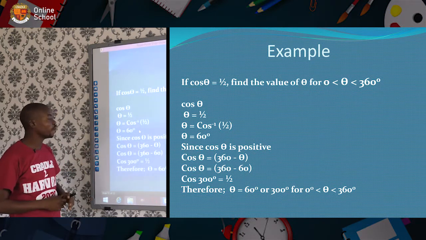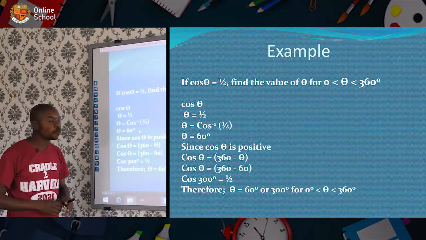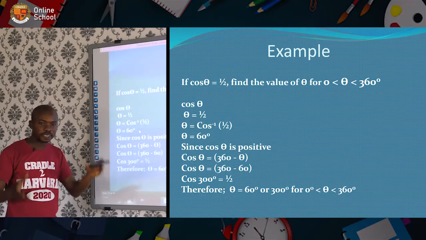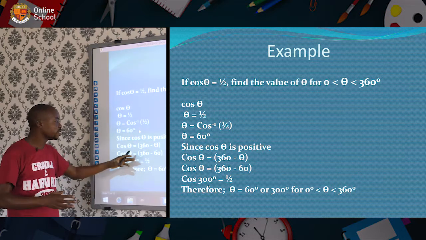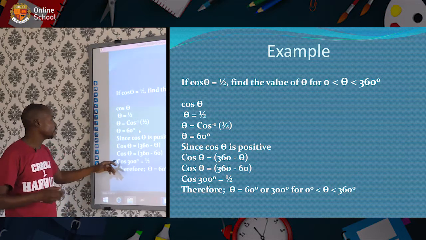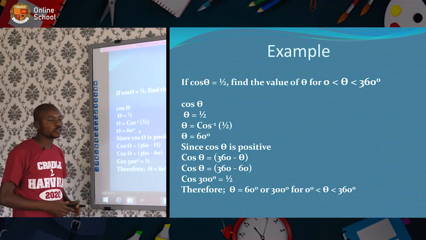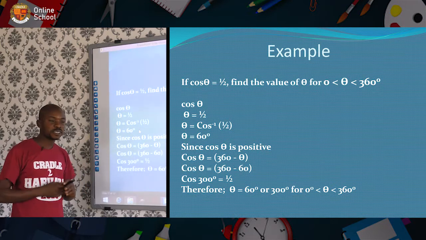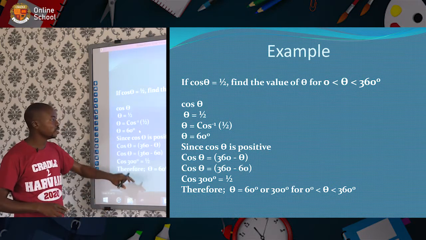But the second value can be found in the fourth quadrant, where the angle is 360 minus theta. If you subtract the given theta from 360, you get 300, and that will be the second value. So we now have two values for which cos is positive: cos 60 degrees and cos 300 degrees.